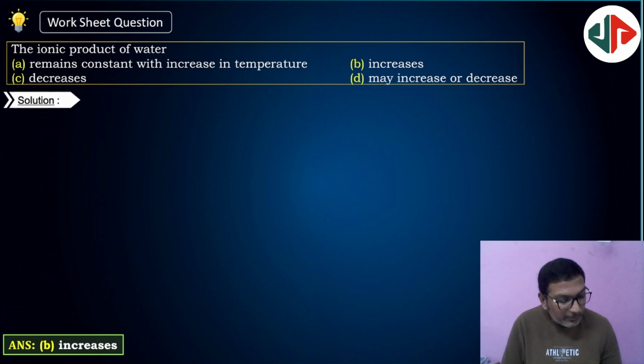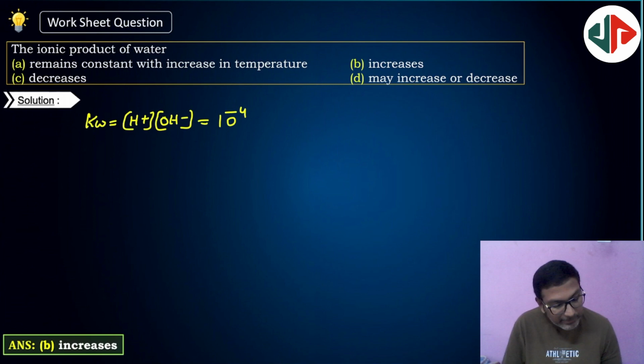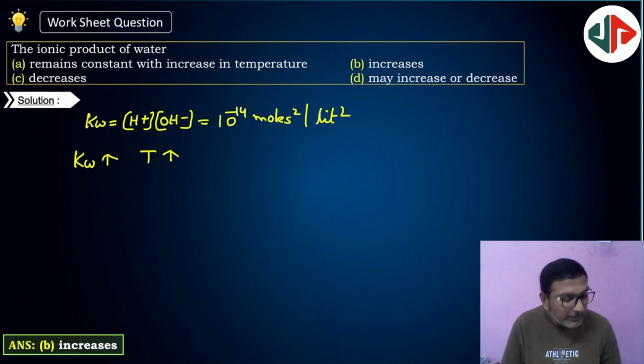Next. Ionic product of water, which is Kw equals H plus into OH minus, 10 power minus 14 mole square per liter square. As the temperature increases, Kw increases.